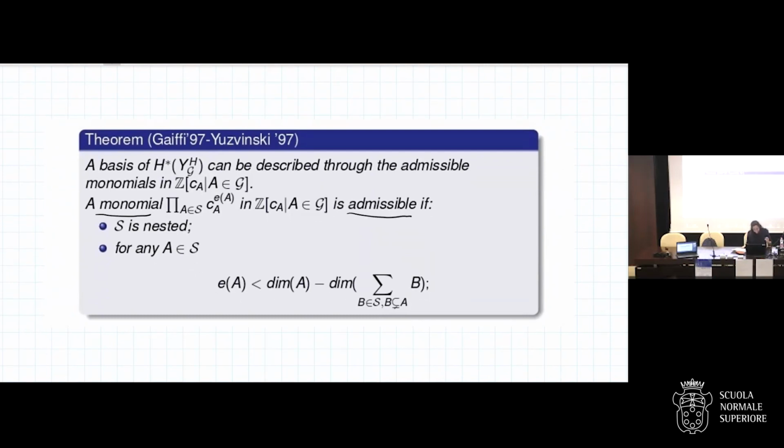It says that a monomial is an element of this basis if its support is given by a nested set, and then the variables have certain exponents that have to satisfy some constraints that again only depend on the dimension of these elements, so it can be read from the poset of intersections just by looking at the rank of the elements.